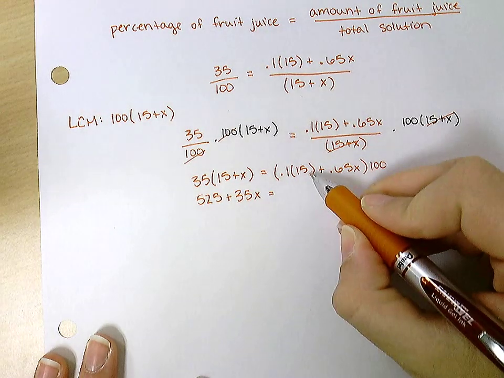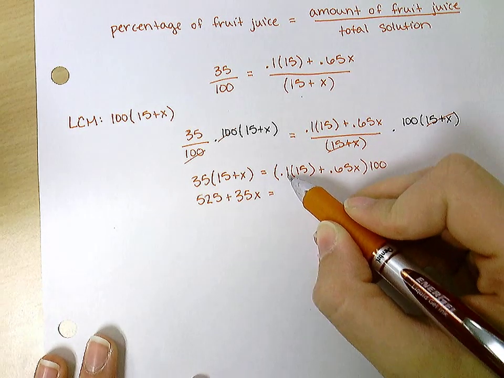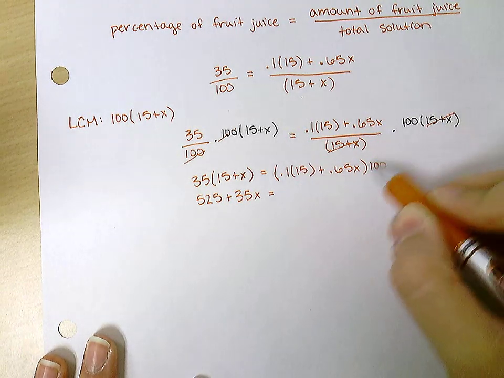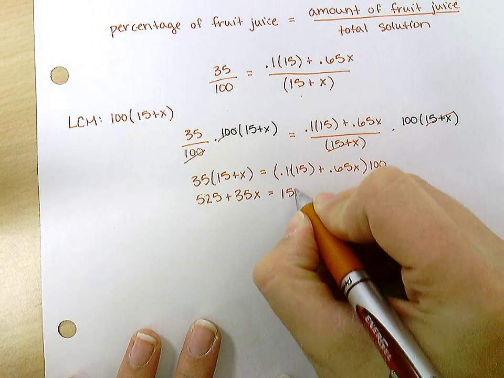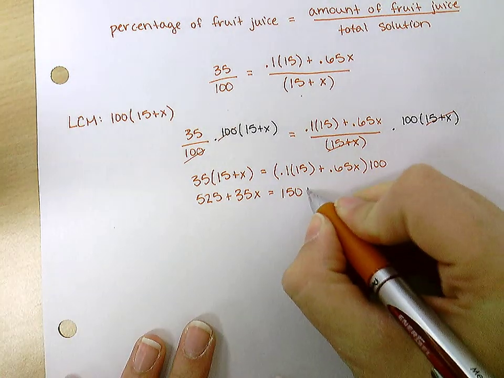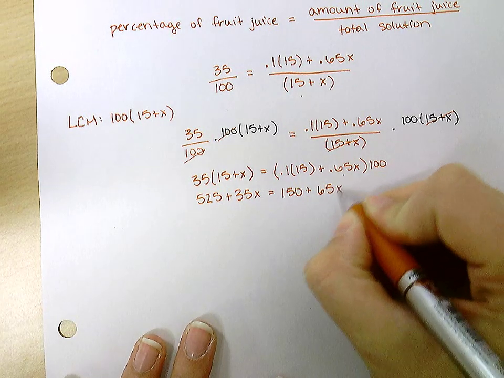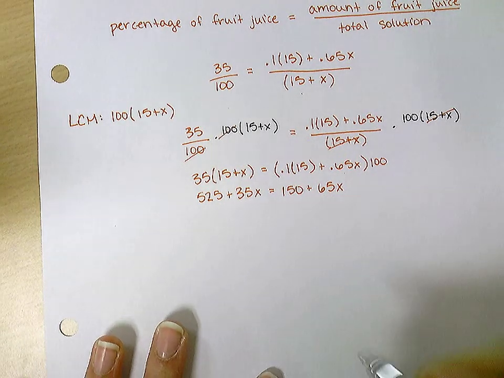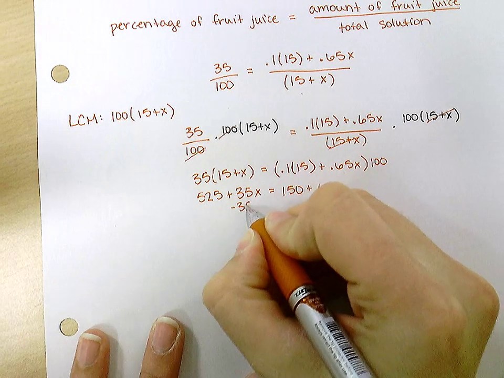Distribute your 100 here. So I have 100 times 0.1 times 15, right? We have to multiply all three of those together. That's 150. Plus 0.65 times 100 is 65x. And it's all for x. So minus 35x.